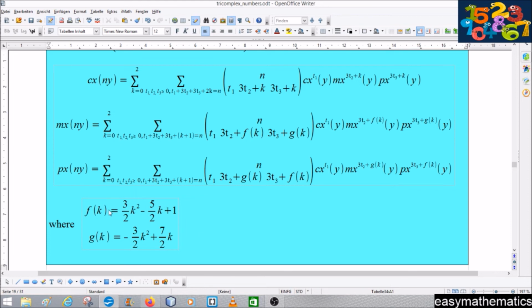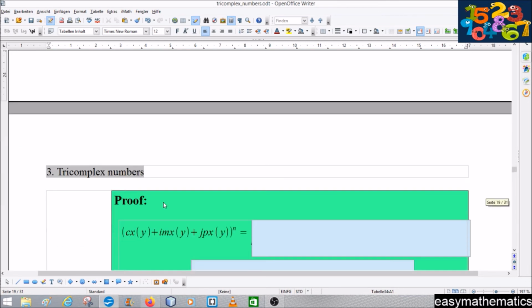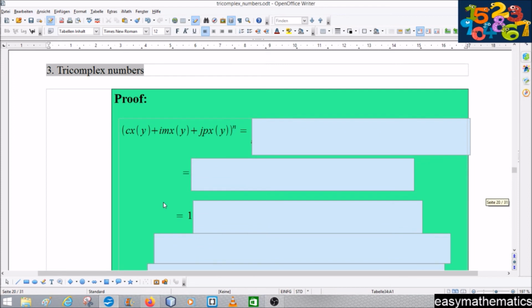I'm pretty sure that f(k) and g(k) can also be chosen by certain sequences. The first three elements are enough, but I decided to make it in a parabolic way. It's not the nicest expression, but it's an expression. And yeah, we proved this.